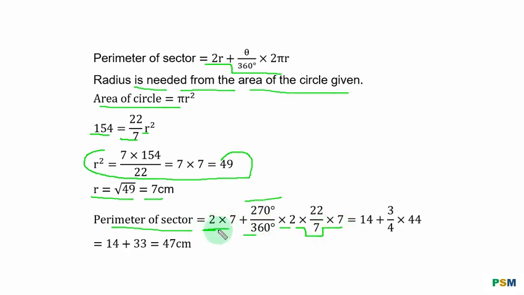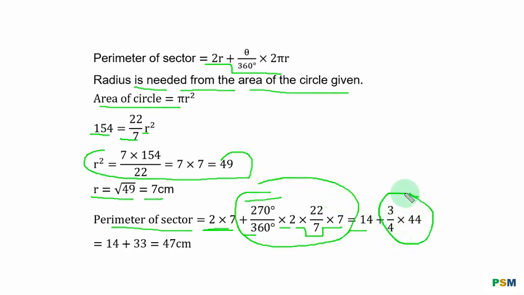This is one term. 2 times 7, 14. This is another term. When you simplify it, you have this result. You have 14 plus 33 equal to 47 centimeters as the perimeter of the third sector.